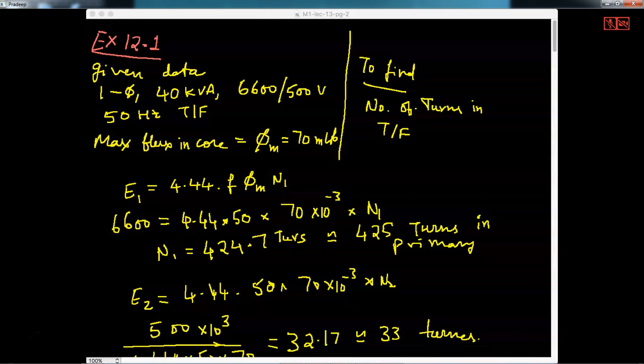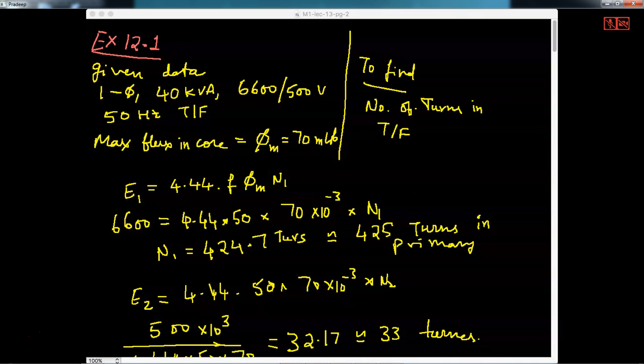Now given this data, you have to find the number of turns in the transformer. So E1 value I already know, 6600 is equal to 4.44. In the place of F I substitute 50, and in the place of maximum flux in the core I substitute 70 into 10 power minus 3, and only N1 is unknown.